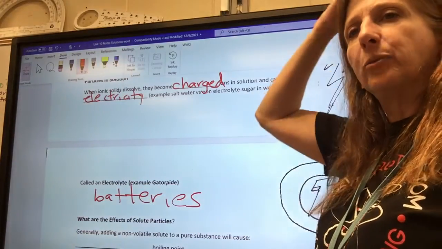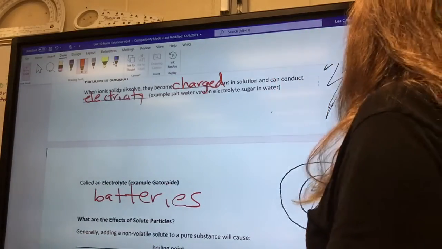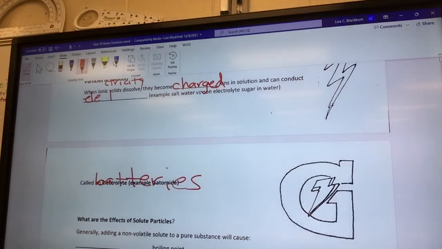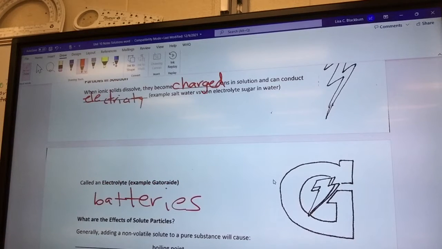We're on the last page. We can do it. We're almost done here. I should have known better than to try to scroll that. I was just too tempted by that little button. Let's see if I can get it. Okay, has everybody written that down? Can I scroll? Charged particles, electricity, batteries are another example.